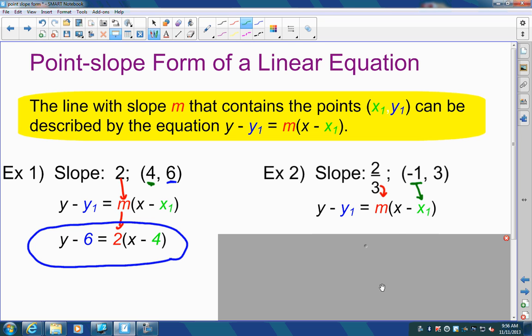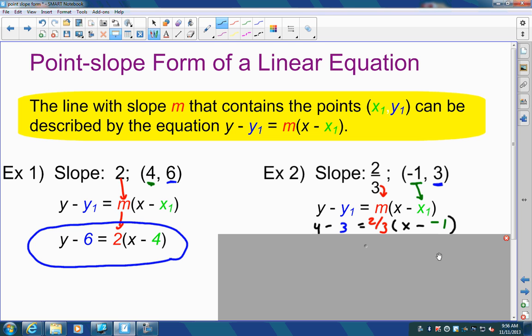That's going to go right there. So I'm going to have y minus y1, my 3, equals m, which is 2/3. That first x stays there, and it says minus x1. Well, x1 is negative 1.